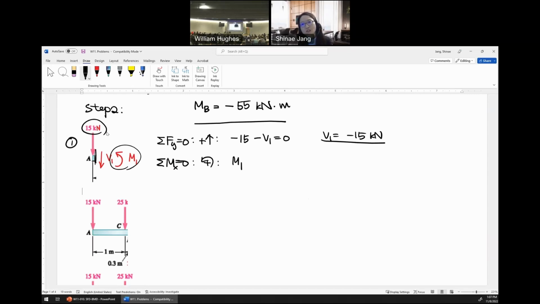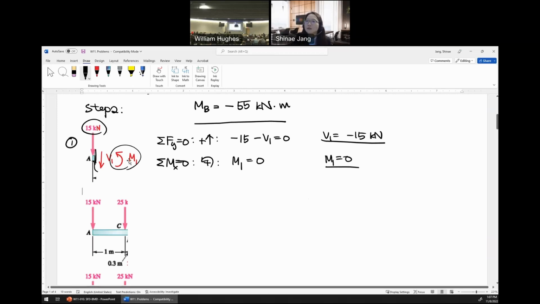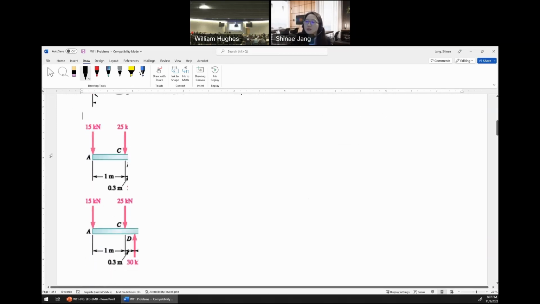What if this distance is very, very small, 0.000001 meter? Then the moment induced by 15 kilonewton is negligible, so it is zero. So M1 is zero because of this distance.